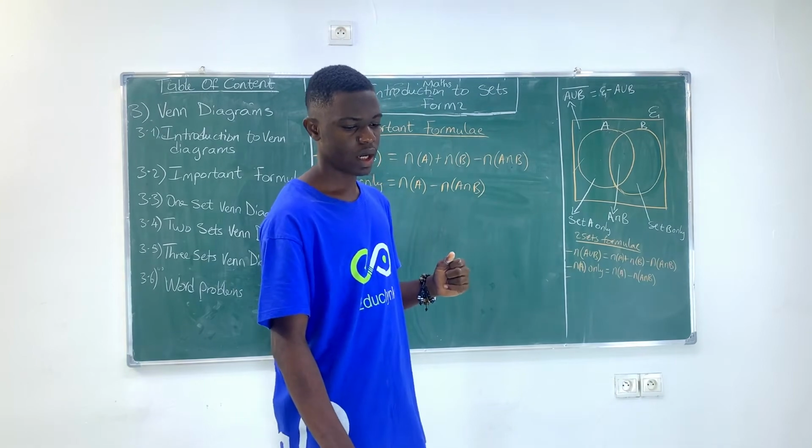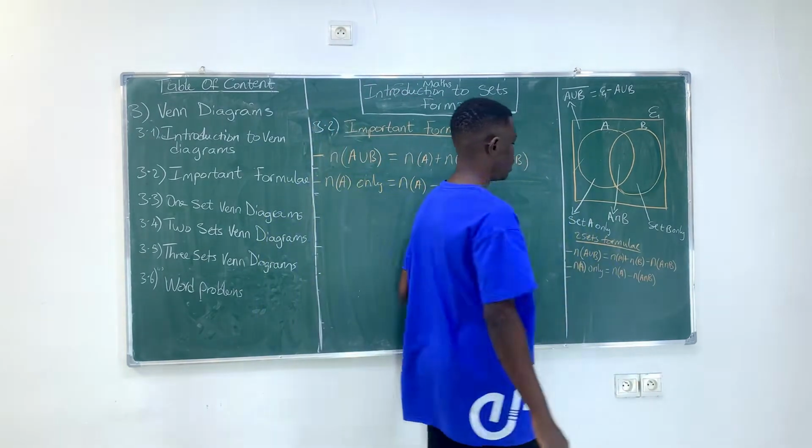So the third one says n of B only is n of B minus n of A intersection B.